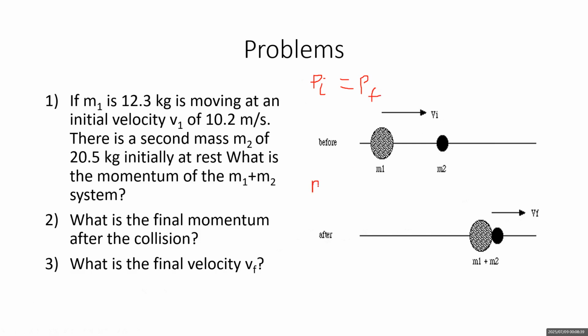So the initial momentum is M1 V initial. Now, M2 is at rest, so M2 has zero momentum to begin with. The entire initial momentum is M1 V initial.